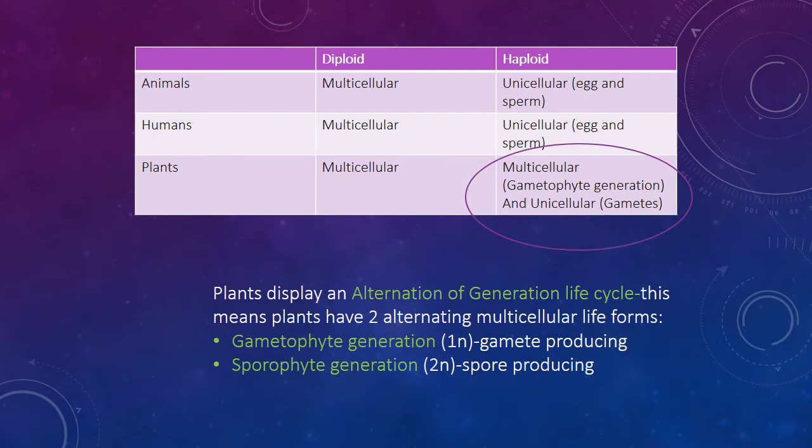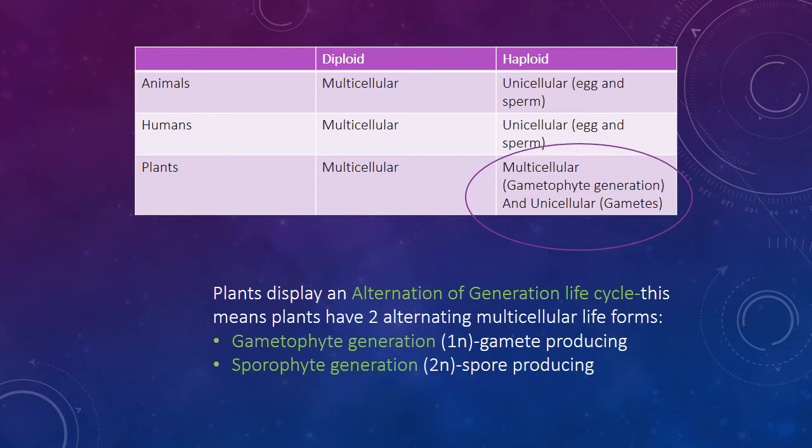Okay, so I mentioned that plants display what we call an alternation of generation life cycle. And that means that the plants have two alternating multicellular life forms. So these are some terms that you're going to have to become very familiar with in order to understand the rest of the unit on plants.